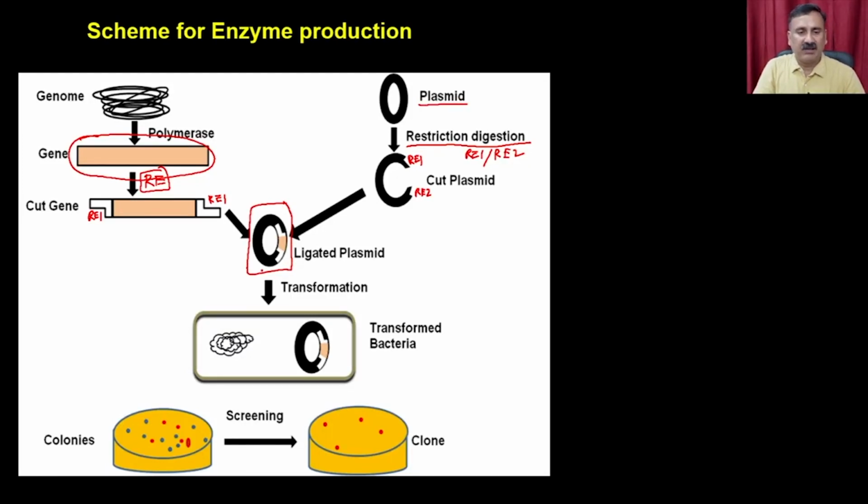This chimeric plasmid has to be delivered into the host, and if you recall, in the previous lecture we discussed DNA delivery methods utilizing transformations. We discussed transformation in bacteria, and we discussed transformation in yeast.